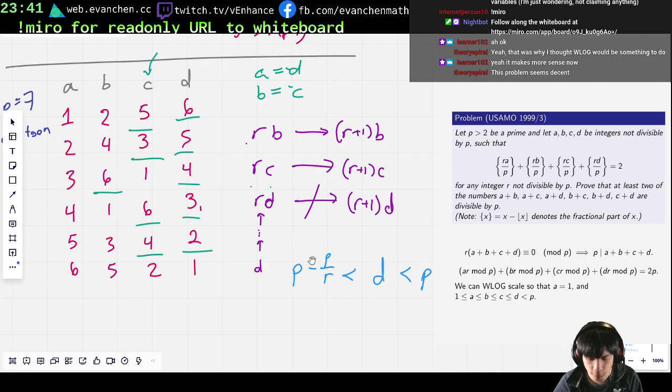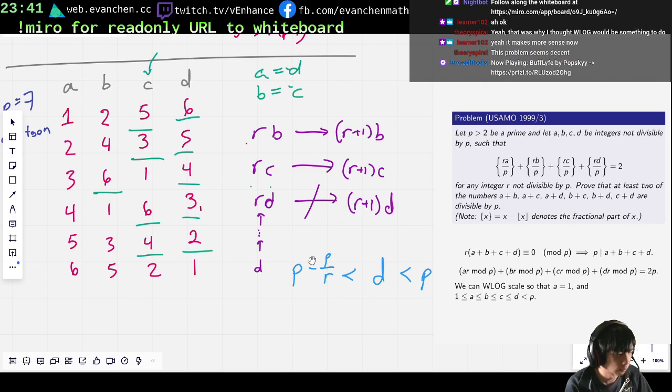That's what this condition is. Alright, so... This feels like some fairy garbage or something.